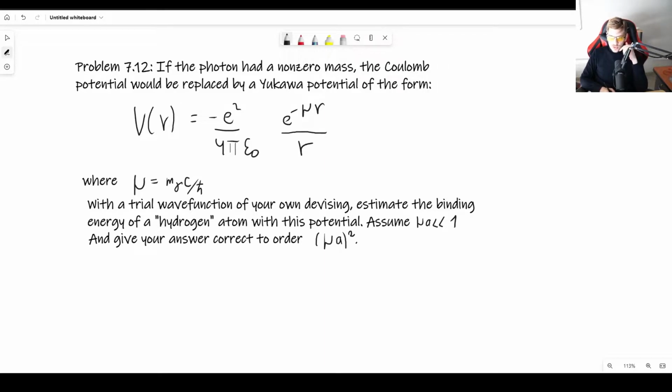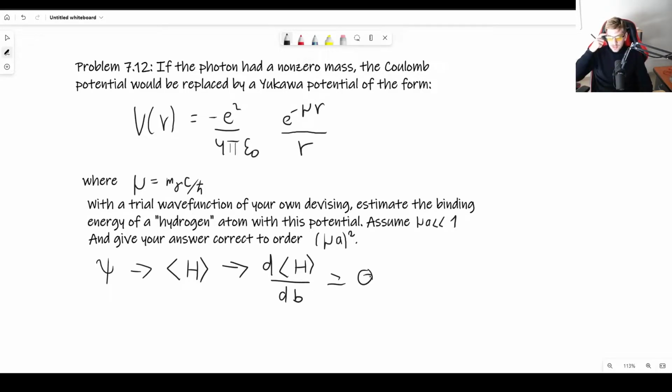So we should use the variational principle. Our guideline, as always, is we find our wave function, we find the expectation value of the Hamiltonian in that wave function, we minimize that expectation value with respect to some variational parameter, and we set it equal to 0. And with that, we can find the minimized energy.